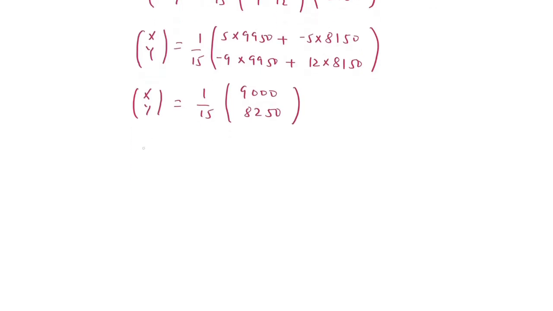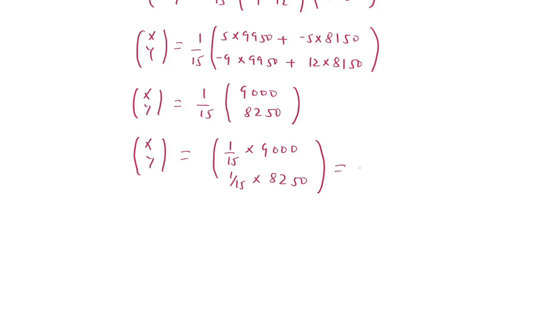Okay, so next we are going to apply scalar multiplication on our right hand side. Then we are going to have [x; y] equals [1 over 15 times 9,000; 1 over 15 times 8,250], of which solving this we are going to have [600; 550].